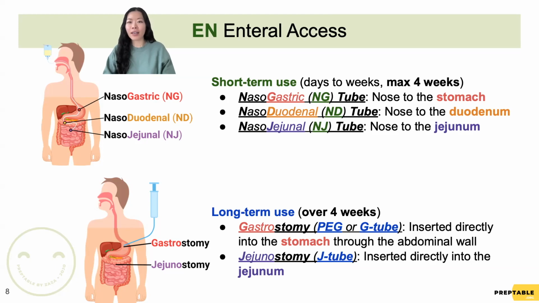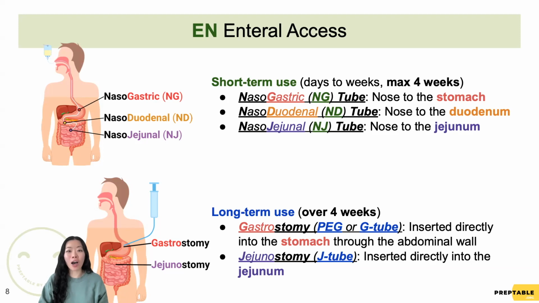In general, these are the least invasive tube feeding types. But the downside is when you insert a tube down your nose, you can be pretty uncomfortable and potentially develop ulcers in your nose. On top of that, this nasal tube can also move to the wrong places and bacterial growth is more likely to happen.